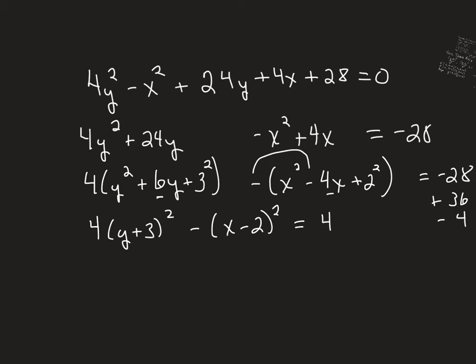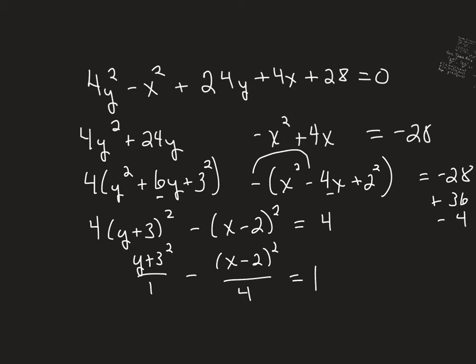So if I divide everything by 4, we get (y plus 3) squared over 1 minus (x minus 2) squared over 4 equals 1.